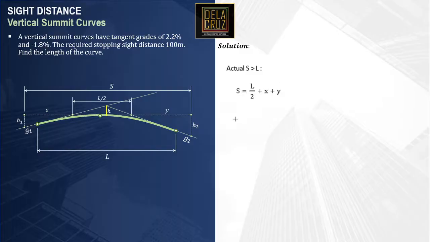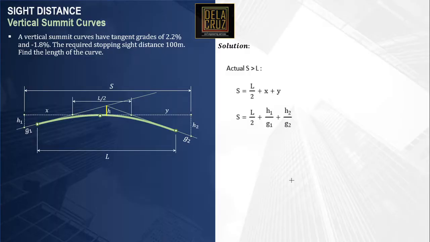Therefore, S would be equal to L over 2 plus H1 over G1. And also Y is expressed as H2 over G2. So, take note for this, we take the absolute value of G2. Disregard the negative sign.